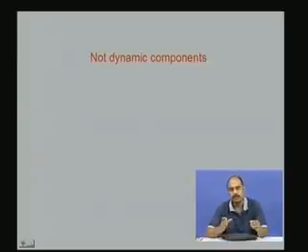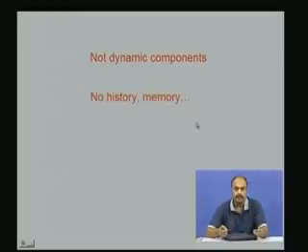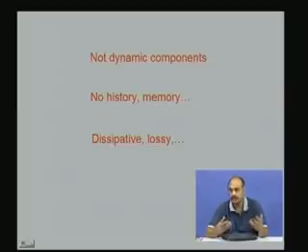Whatever is there at the input comes at the output at that instant, at every instant, instant by instant. There is no history, there is no memory. It cannot remember the past states or the past values. And further, the most important functional property of the resistor is that it has to dissipate. It is lossy, and most of the dissipation occurs as heat.